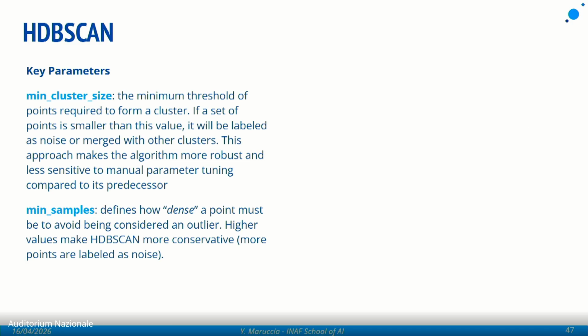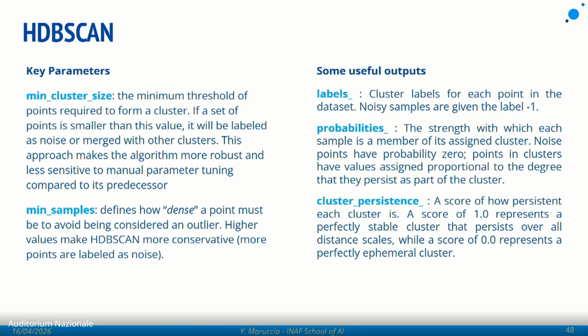So this is the change of perspective here. Some useful outputs of HDBSCAN are the labels, where -1 is noise and the others are the labels of the values, and the probabilities.